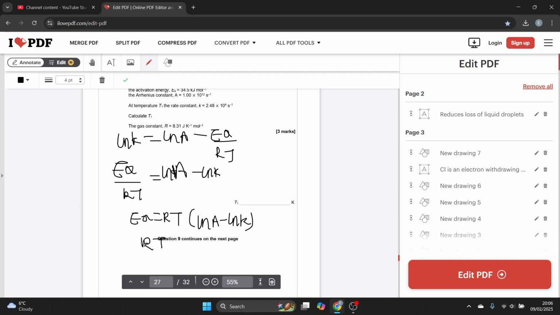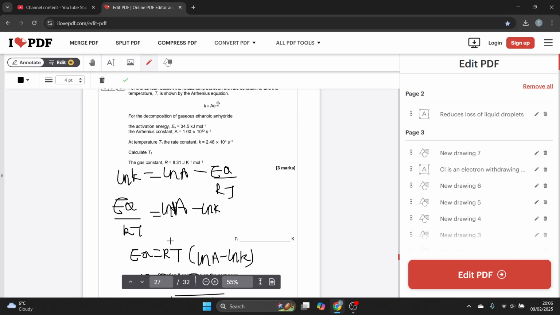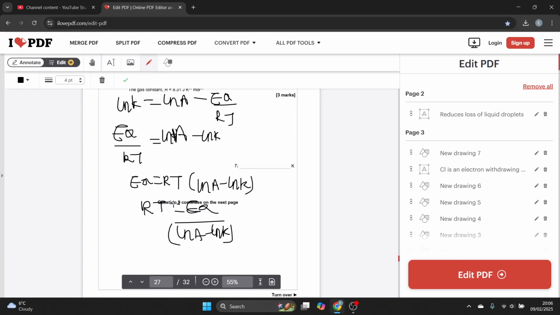So EA divided by (ln A minus ln K) equals RT. And therefore, to find T, it's just going to be EA over (ln A minus ln K), divided by 8.31.